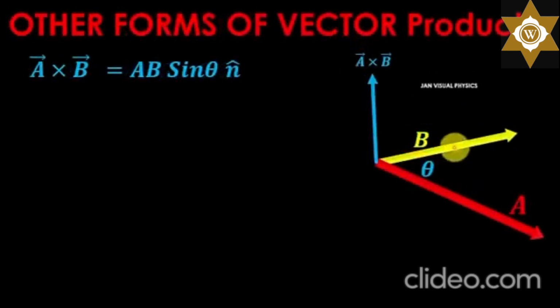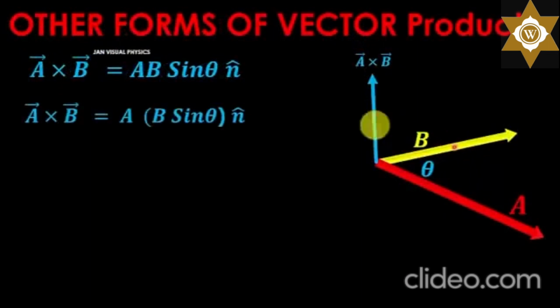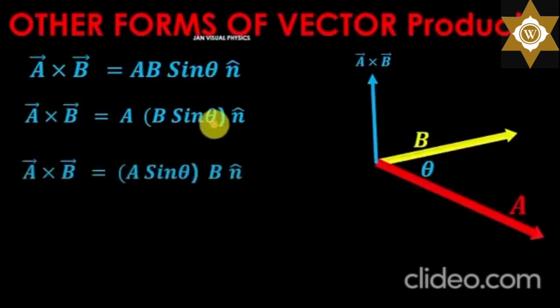The cross product of a and b can also be written as a cross b is equal to a into b sine theta, or a cross b is equal to a sine theta into b. Now we are going to explain the meaning of these two equations. The meaning of this equation is a cross b is equal to magnitude of a vector multiplied by the sine component or perpendicular component of b, which is perpendicular to a.